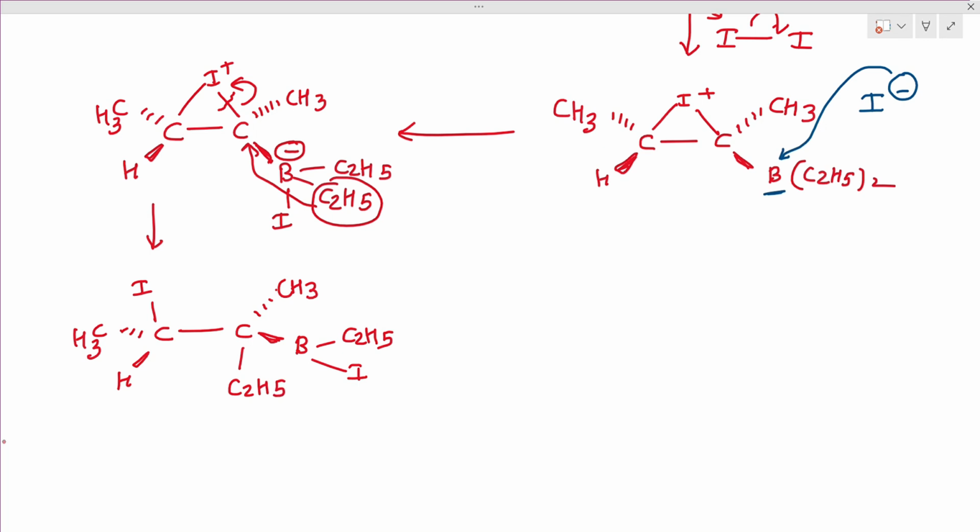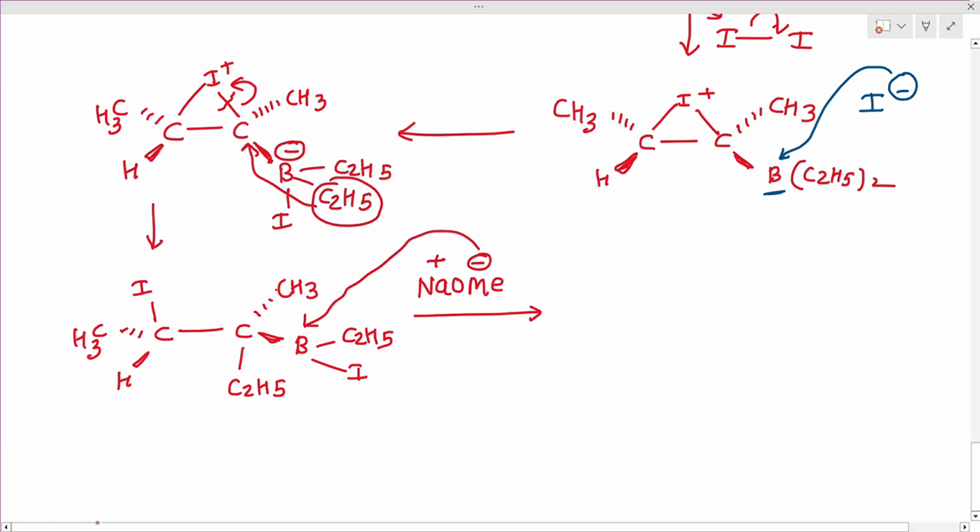Now in the next step you have to treat it with NaOMe. Now what will happen? You know this is plus and this is minus. OMe is negatively charged, it has electron density, so it will again attack on this vacant orbital of boron.